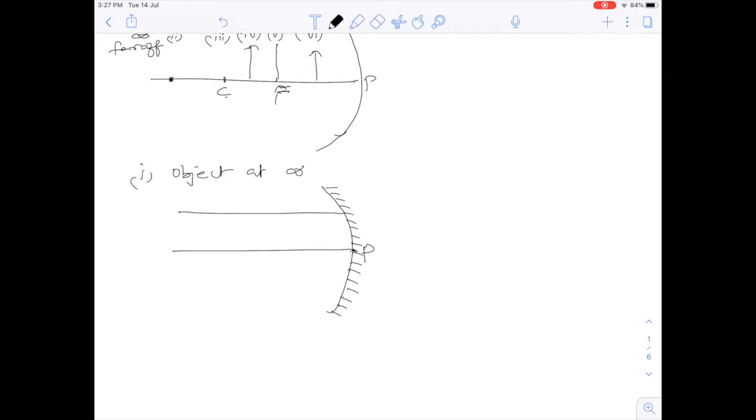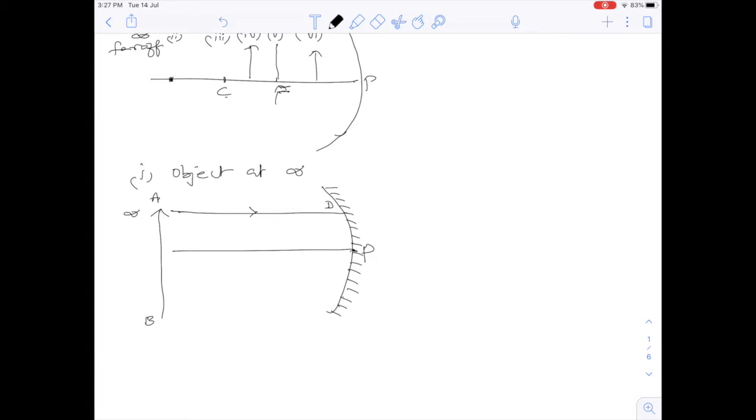So the object is at infinity. So I have an object AB from far off. So this is infinity, and obviously from infinity the light ray is passing and incident at D.